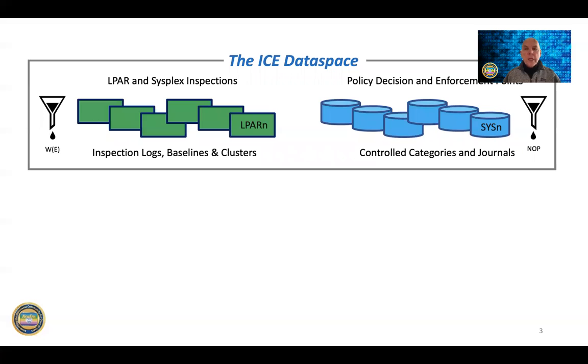And in order to do that, we provide filters. So in the case of inspection logs and baselines, we provide filters that allow you to change the severity of the messages that we associate with events that are reported by the various inspectors. So you can change a warning to an error or vice versa. Very flexible, very easy to use.